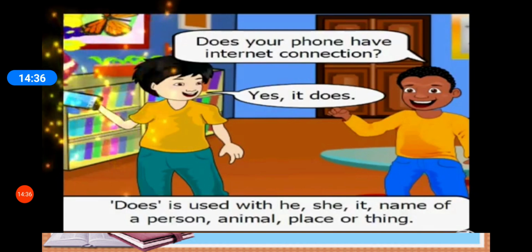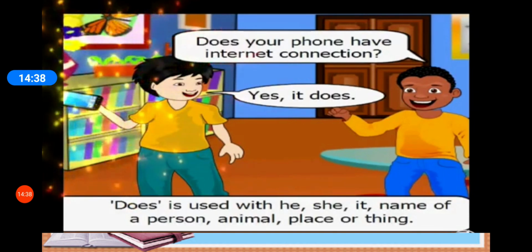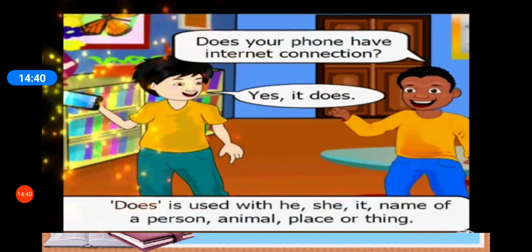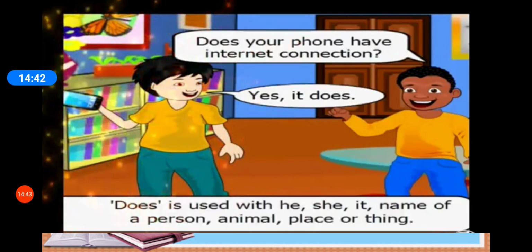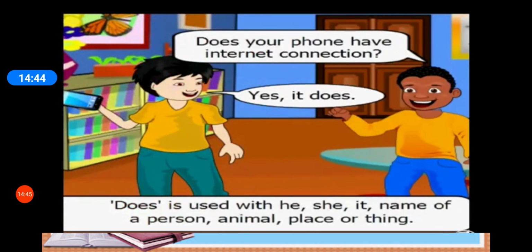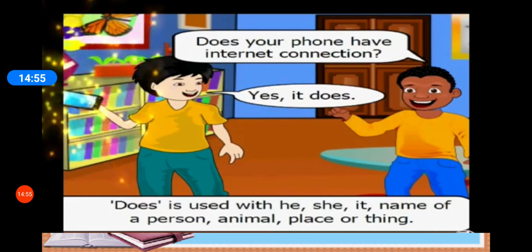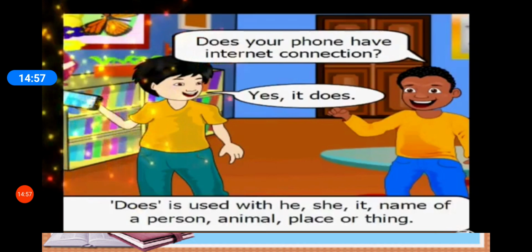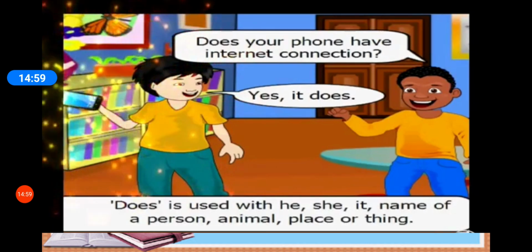Does is used with he, she, it, or singular noun. Singular noun means the name of a person or an animal or a place, etc. Your phone, it is an object. So we use does to form a question.